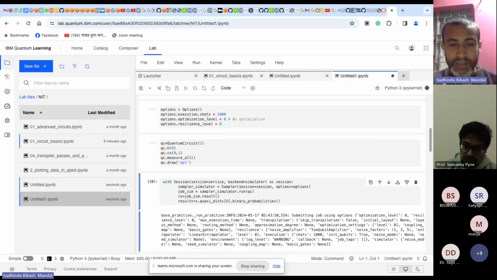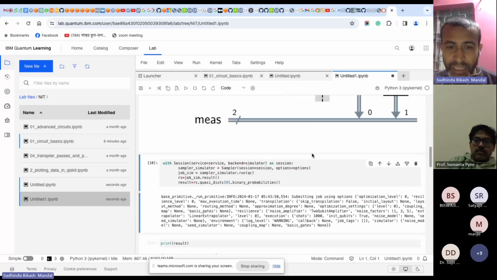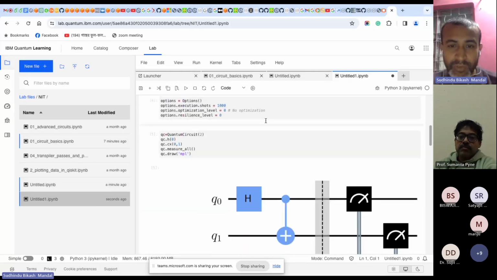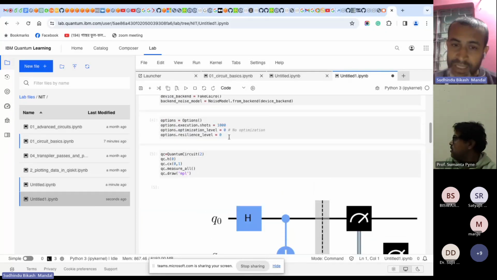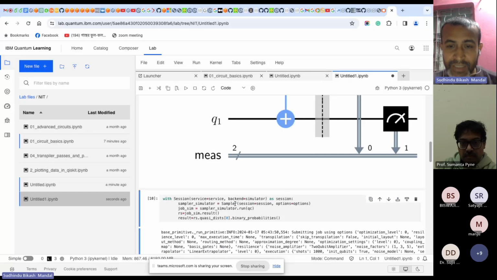Now this one is my circuit. Now I'm creating the Qiskit Runtime environment. See here in this option, I'm not putting any noisy backend. So here our backend is a simulator, not a device backend simulator.